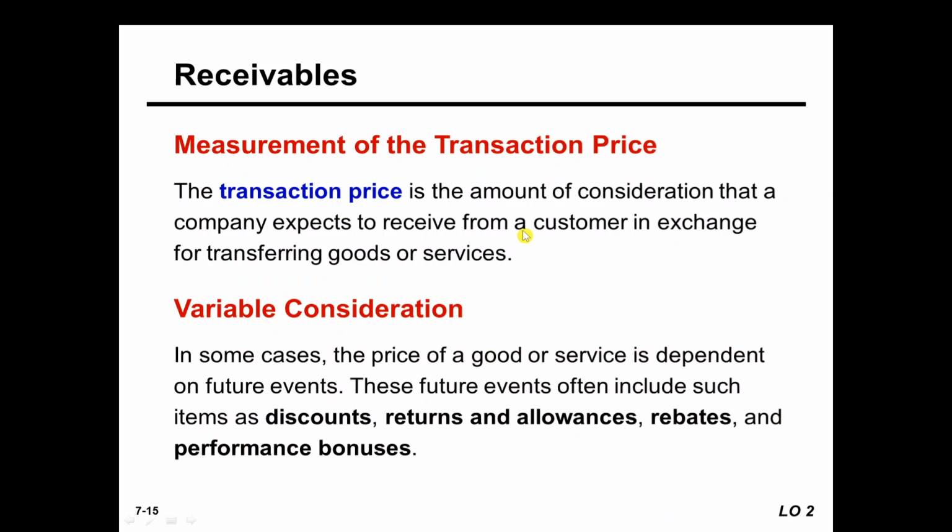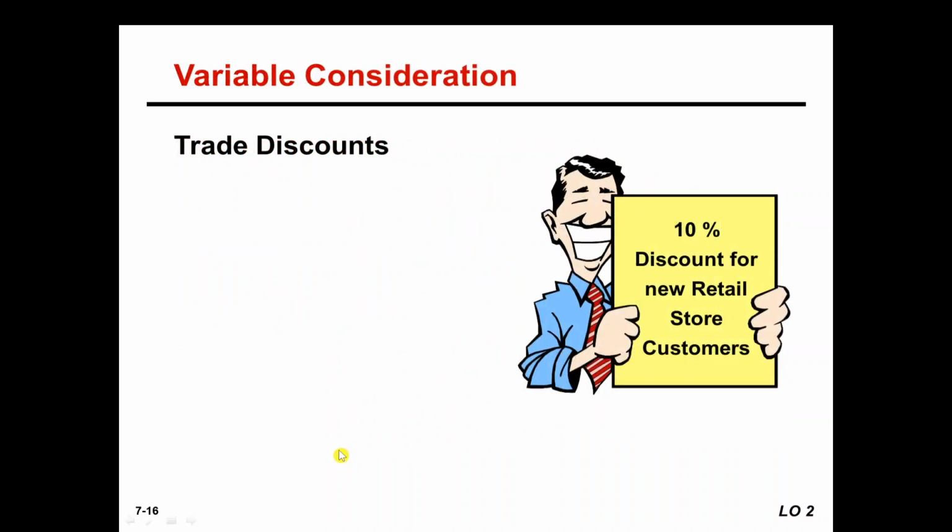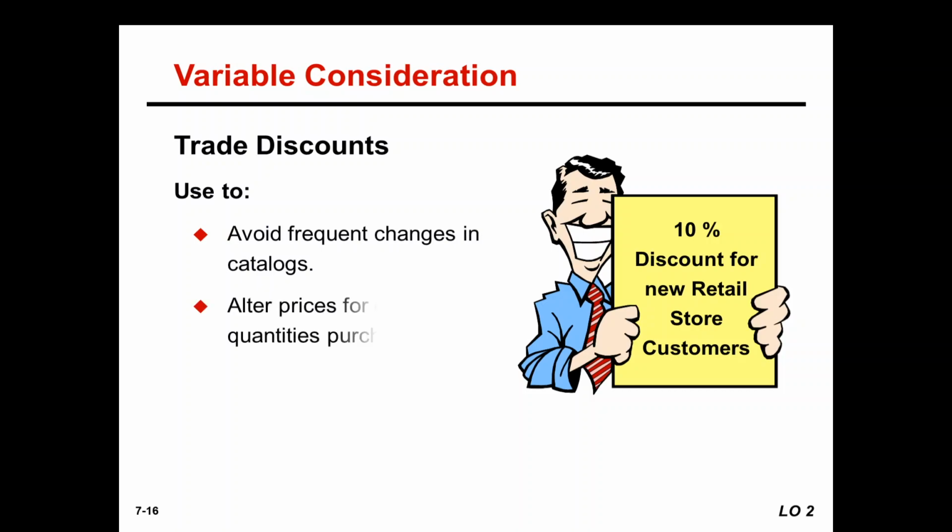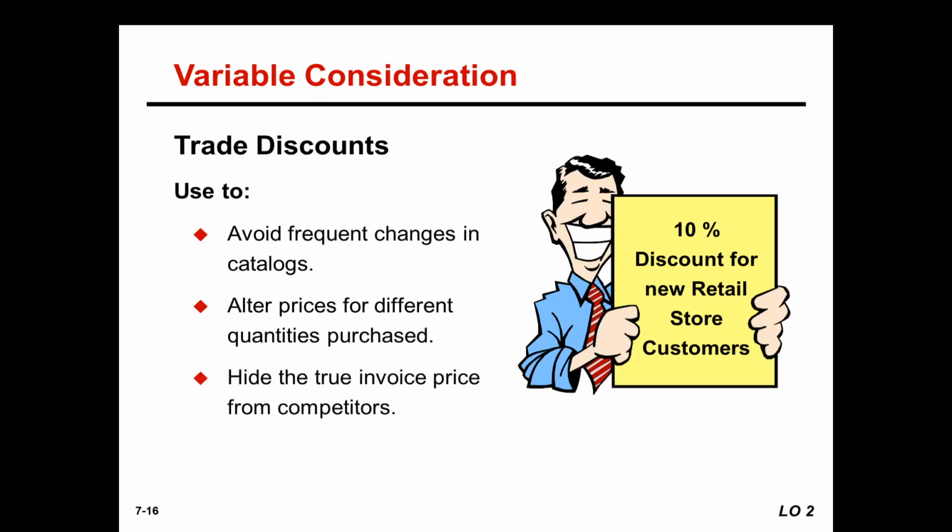So the variable consideration that we need to consider here is that the price of the goods or service is dependent on a future event in some cases. These future events could be discounts, returns and allowances, rebates, and performance bonuses. For example, there is the trade discount. A trade discount is a discount given to the customer without altering or changing the price.